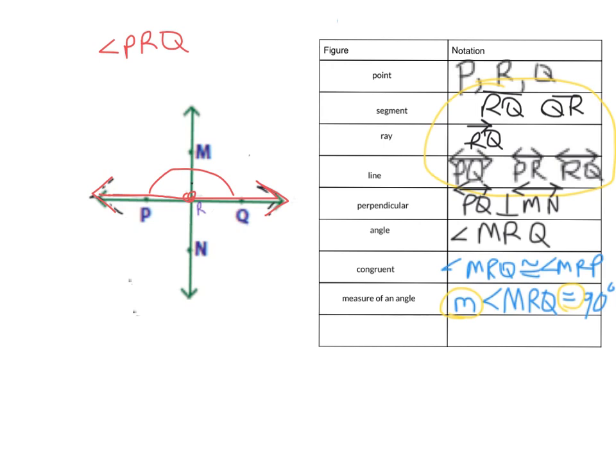Now, the measure of angle PRQ is 180 degrees. We already knew that. Over here on our notes, please write straight angle. And the straight angle we're going to look at is angle PRQ. And as we said, we can also talk about the measure of angle PRQ, which is 180 degrees.